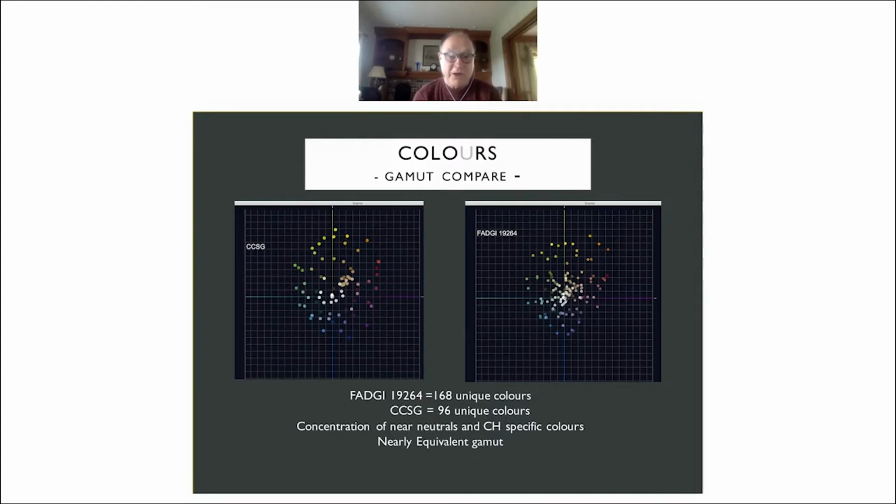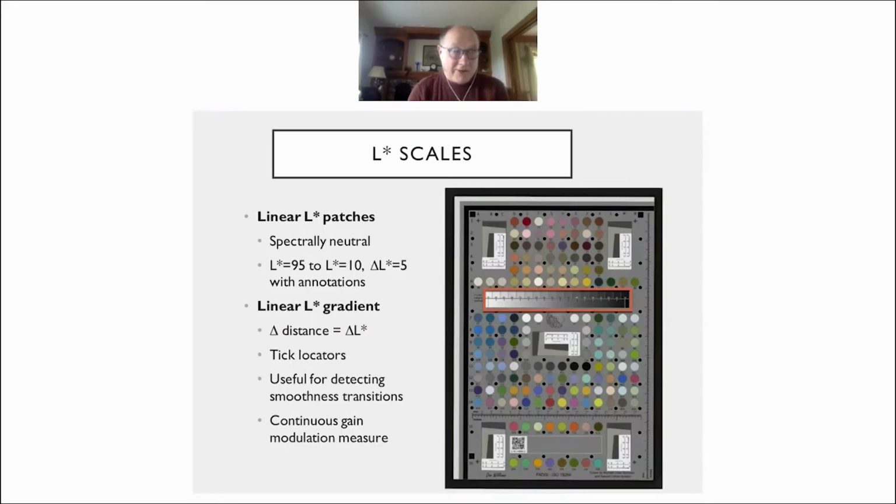We said, okay, we're not doing portraiture, but we're doing vellums, parchments, leathers, etc., so we're going to move that hue angle a little bit to a higher degree, and you'll see in the center there's a higher population of what we call cultural heritage type color content. And we actually worked with the folks in Leuven, Belgium, to come up with some of these selections. It was actually a great experiment. A nod to Scott Geffert.